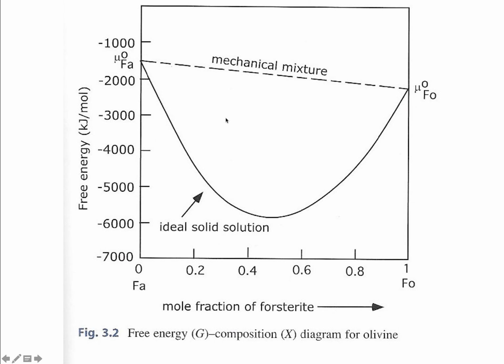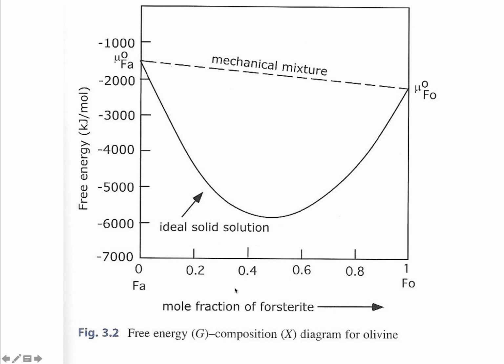So, and here we have the mechanical mixture between forsterite and fayalite. And here we have the ideal solid solution series. When we are talking about observation in nature, or if we are doing our experiment, then here we have the ideal solution under perfect conditions, when we are changing the mole fraction between iron and magnesium.